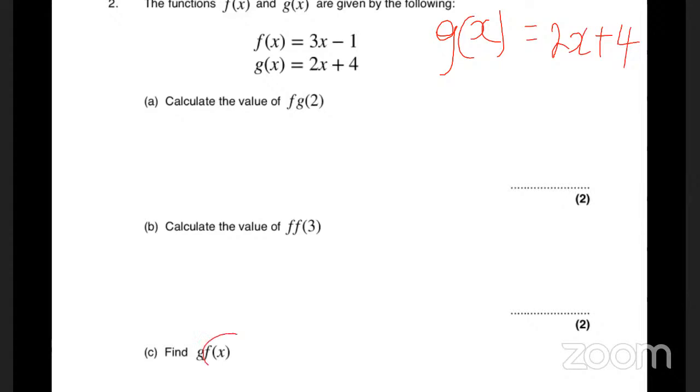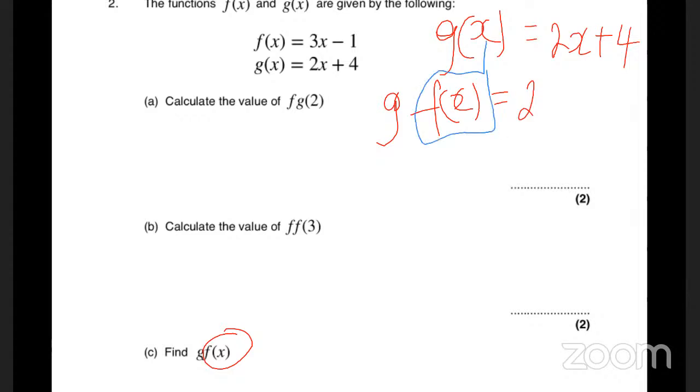And what did they say we're investing into g(x)? We're investing f(x) in it. So x is invested into f, and we invest f(x) into g. So we're going to have g(f(x)), which equals 2, and wherever we see x now, where x was, this is what we have now: f(x).